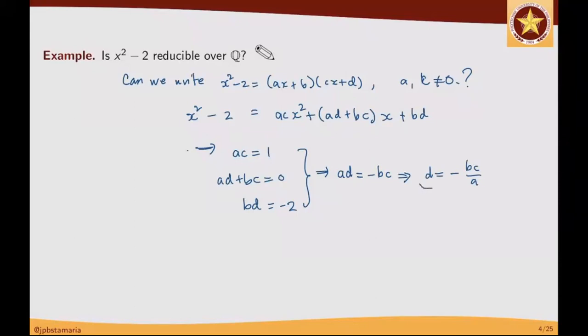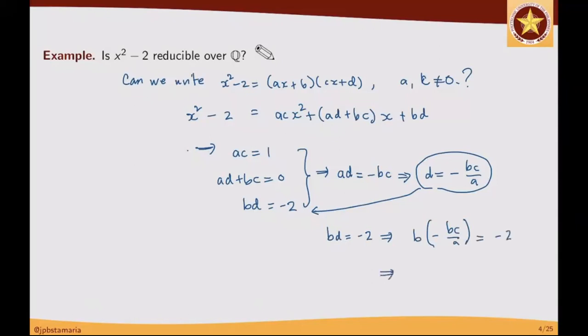So, when I use this equation to substitute there, ang BD is negative 2. So, B times minus BC over A is negative 2. That means B squared C over A is positive 2. No? Tama ba?